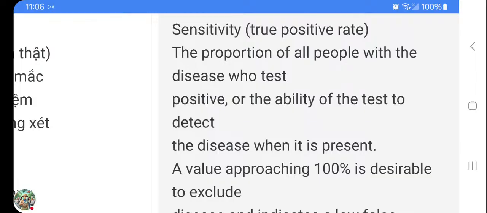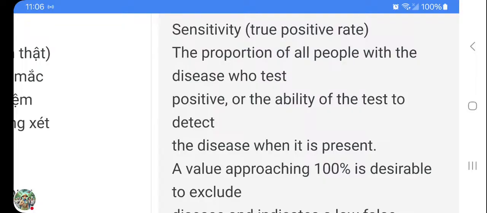Sensitivity stands for a ratio or rate. Remember, it's a rate, the true positive rate, not just the true positive number, not just square number 1. So again, sensitivity is the true positive rate. What does that mean?